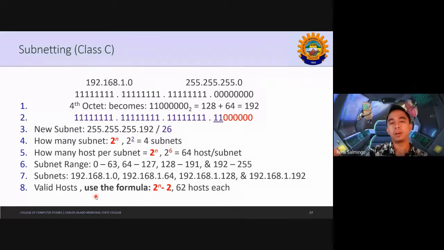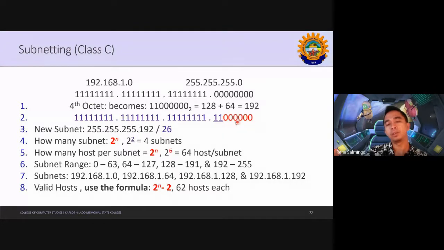Take note, where do we get 6? Anybody? Where do we get 6? The number of hosts will always be based on your number of zeros.